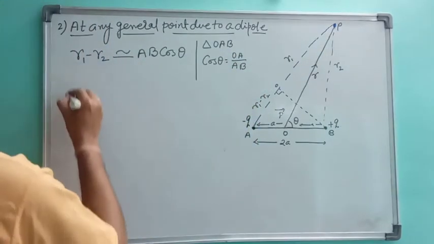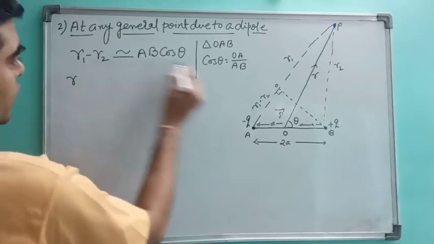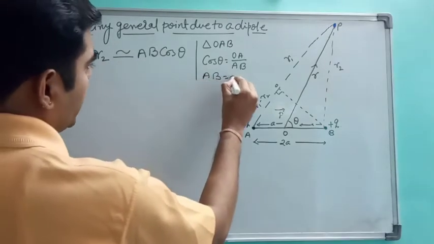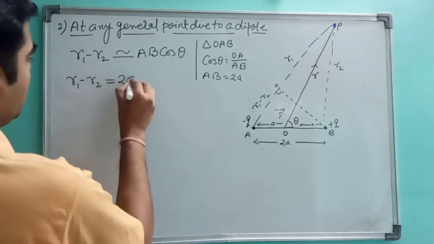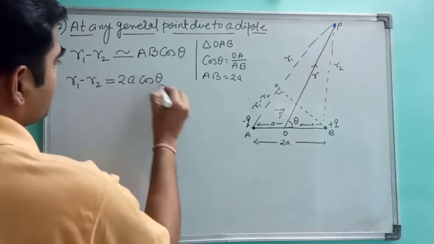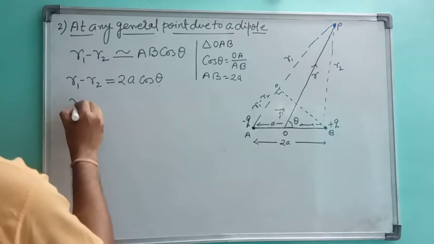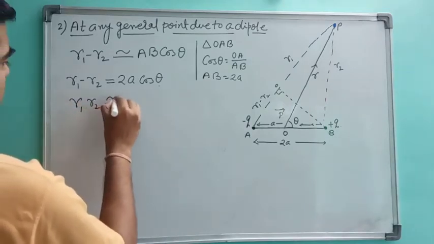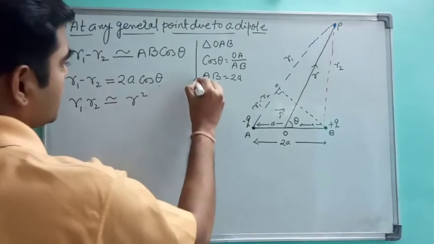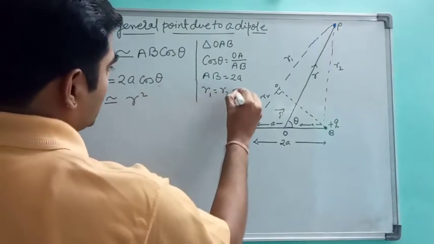And AB is equal to 2a, so R1 minus R2 is equal to 2a cos theta. Understood? And R1 R2 is approximately R square, because R1 is approximately equal to R2, equal to R.